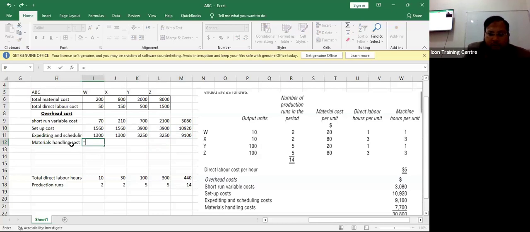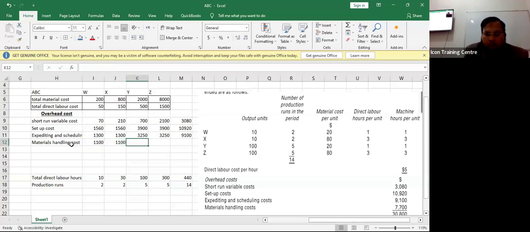So the total is how much? 7700 divided by 14 multiplied by 2. So the sum should be equal to this.